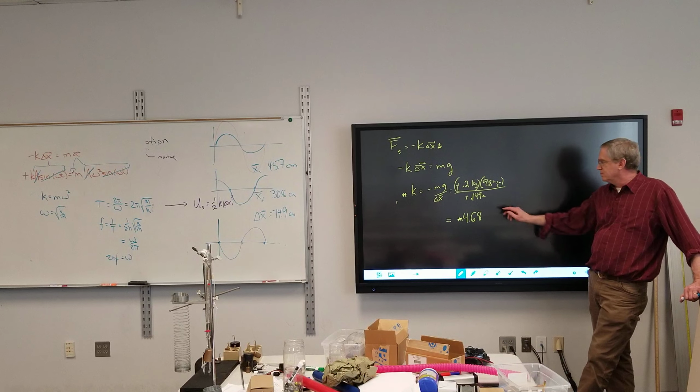I divided by 1.149. 0.209 doesn't seem right. Is it supposed to be negative? Okay, it will be negative, but I think I got 13.15 for the spring constant. Oh, you do not get 4.68? Because the negatives are going to cancel out, so 0.2 times 9.8 divided by 1.49. I got 13.15.